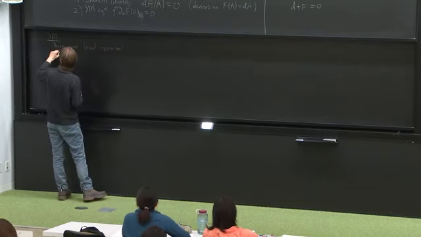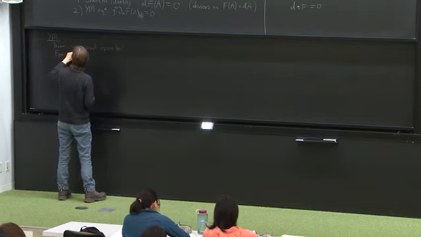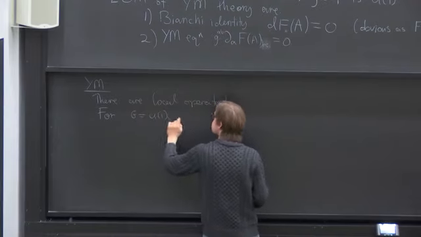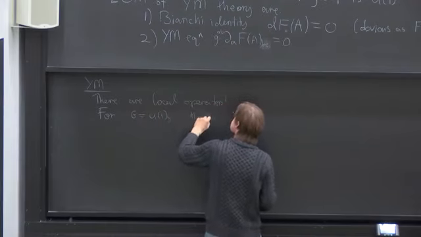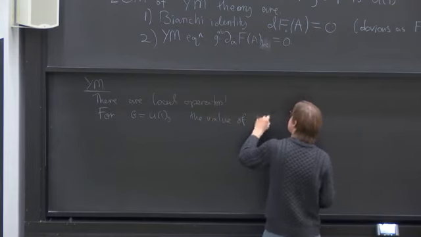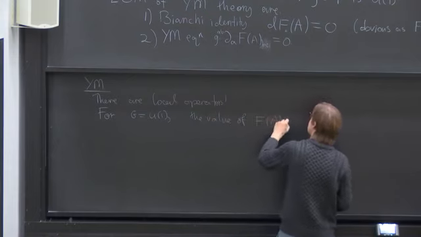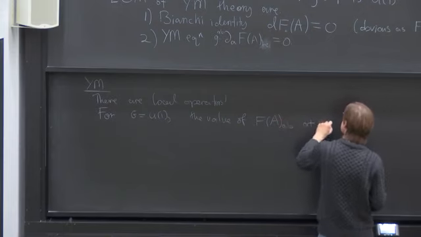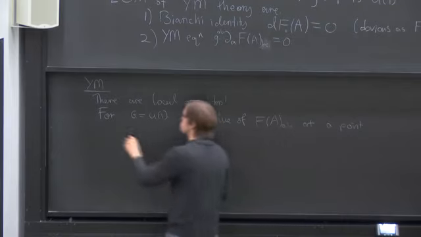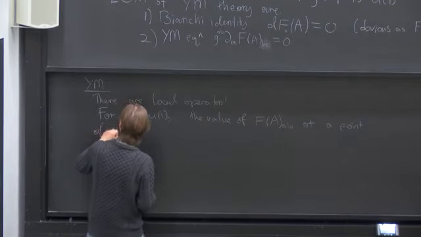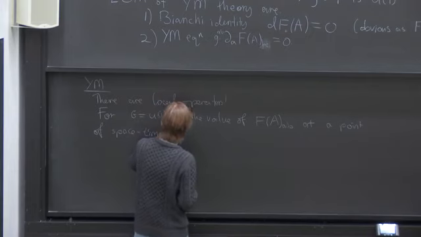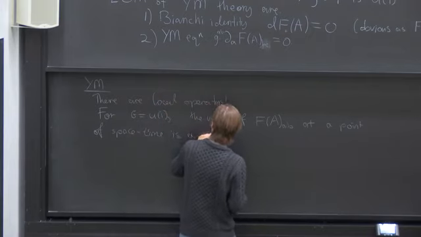So for G equal to U1, the value of F_AB at a point of space-time, this is a gauge invariant measurement.